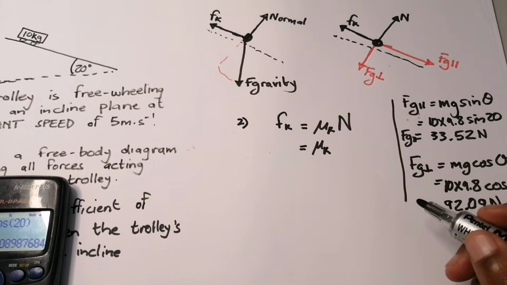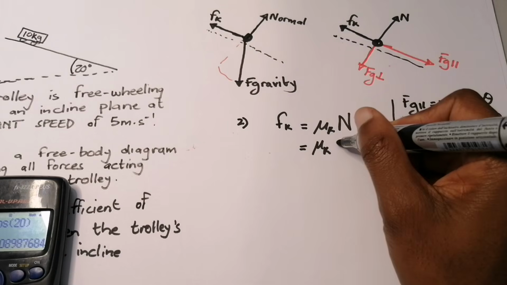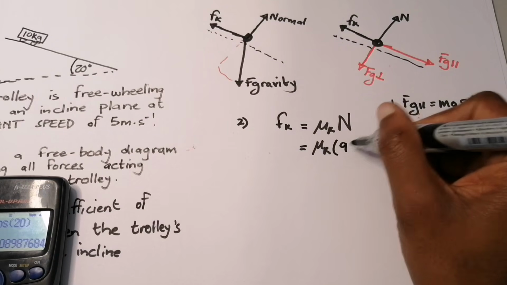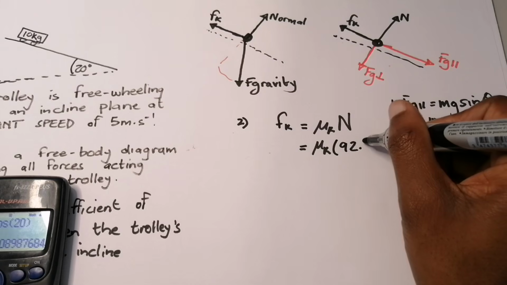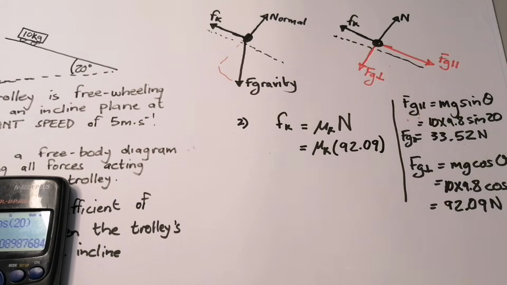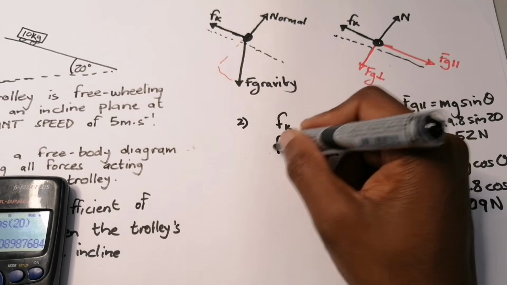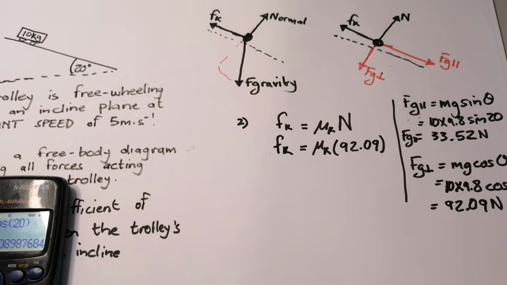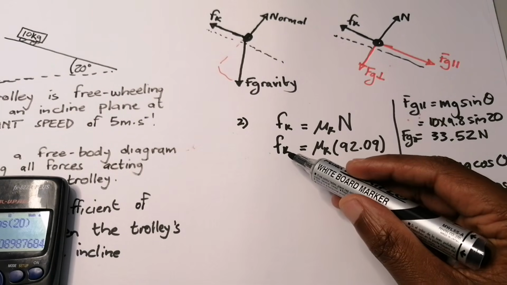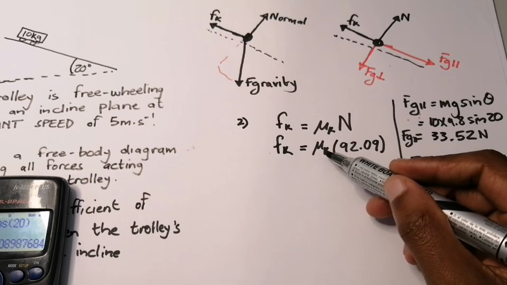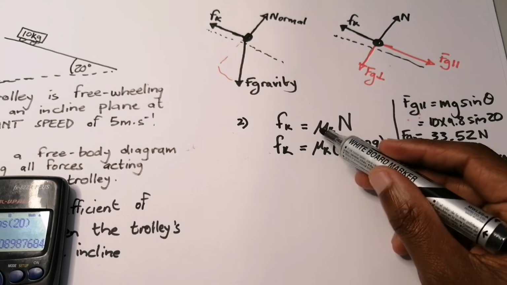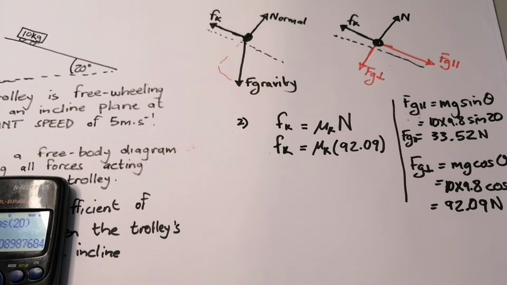It's not moving in that direction. So this value here would be 92.09. Now, do you agree, ladies and gents, that we've got two things that are unknown to us here? We don't know what the frictional force is, and we don't know what the coefficient is. We're looking for the coefficient of friction.